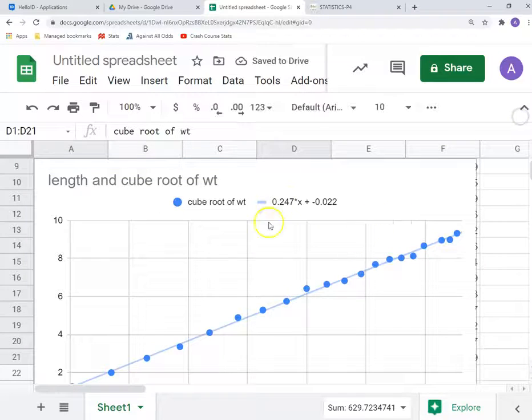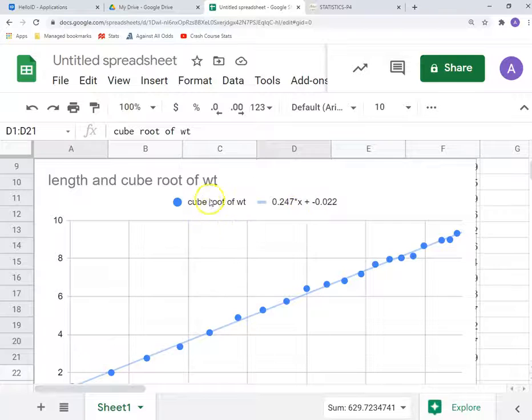So there's our equation for this one, if we use cube root of weight, okay? If I asked you to make a prediction for the rockfish who's 24 inches long, length we didn't mess with, so we would put 24 in there.